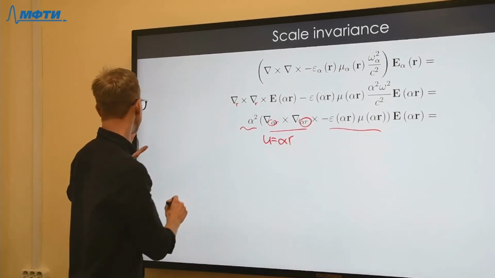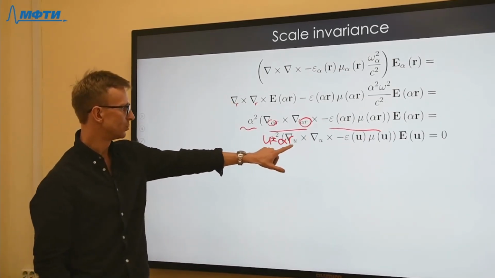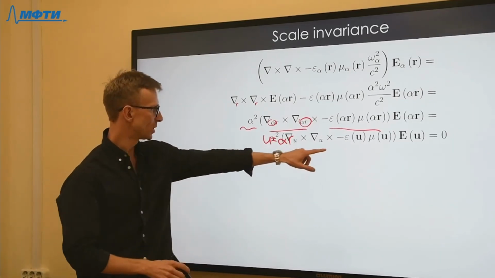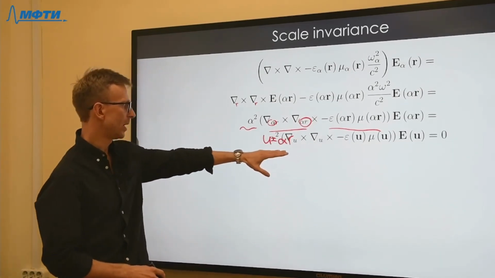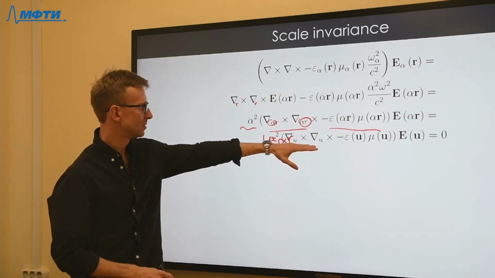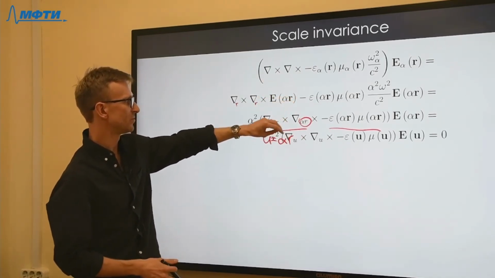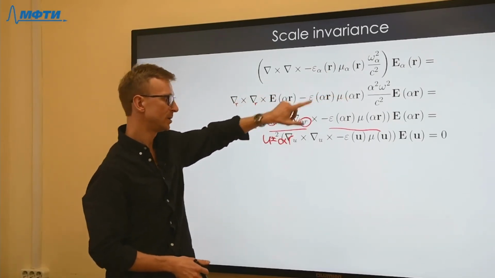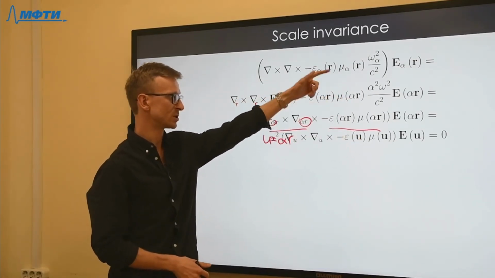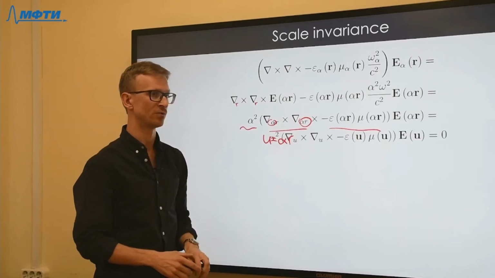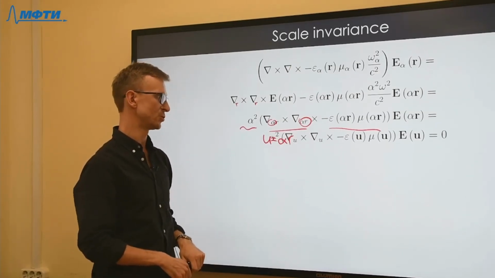So we can write u here, and now this and this are just the same, with the only difference that I have r here, but here I have u, which is just a change of coordinates, a change of notation.